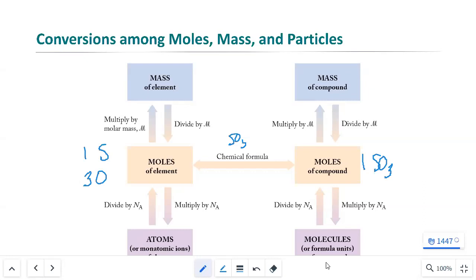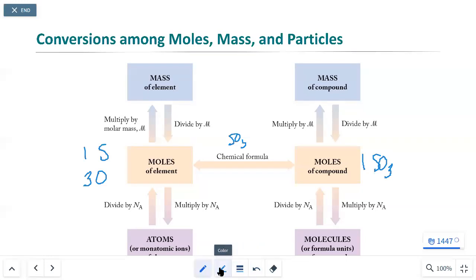So think of this map here as an organizational tool to help you connect what calculations you are trying to do with the numbers that you need to find to do that conversion.